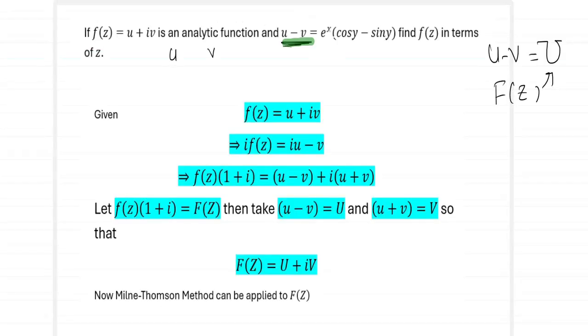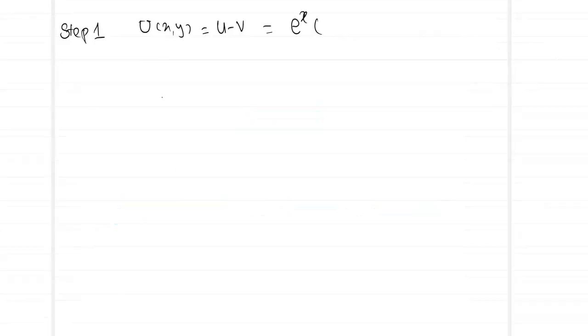So what happens in my Milne Thomson method? Step 1. For my capital U of x comma y, which is going to be my u minus v, which has been given as e power x into cos y minus sin y. My step 1 is nothing but to compute the derivative of capital U with respect to x and with respect to y.